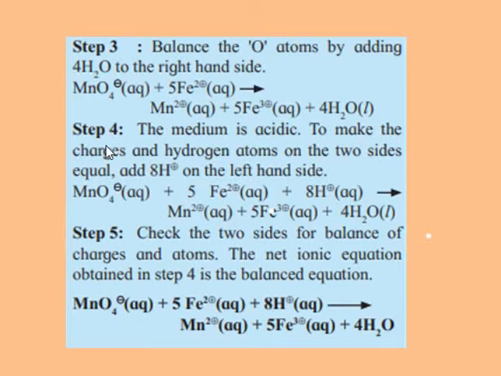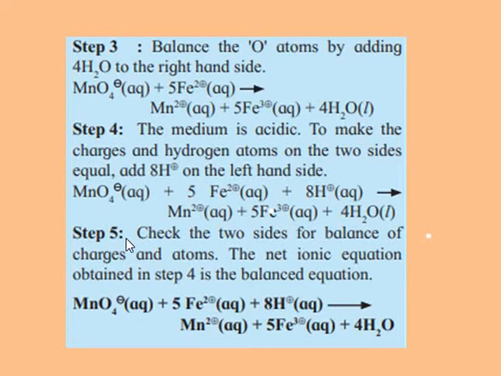And step 4: the medium is acidic. To make the charges and hydrogen atoms on the two sides equal, add 8 H+ ions on the left-hand side, because the 4 H2O contain 8 hydrogens. They are balanced by adding the 8 H+ on the left side.